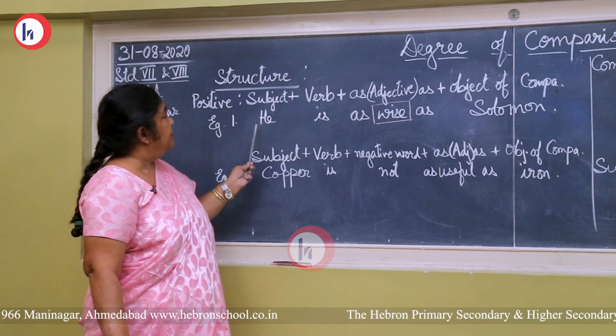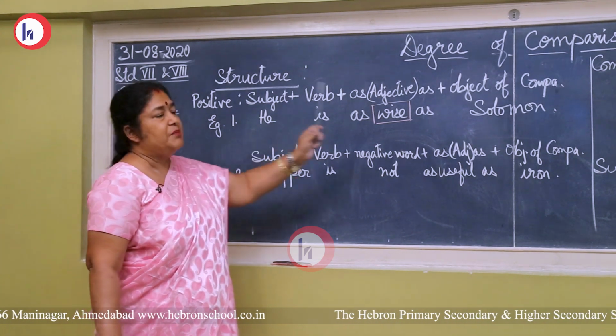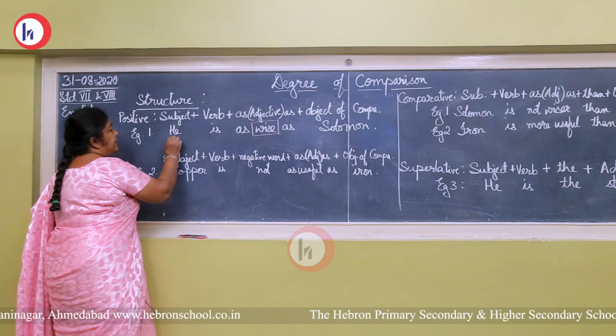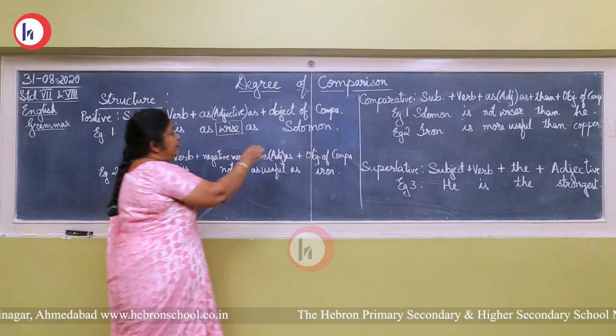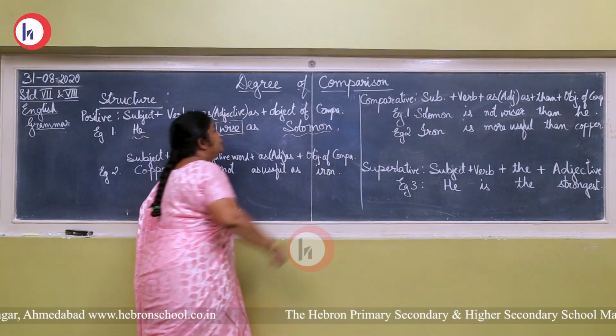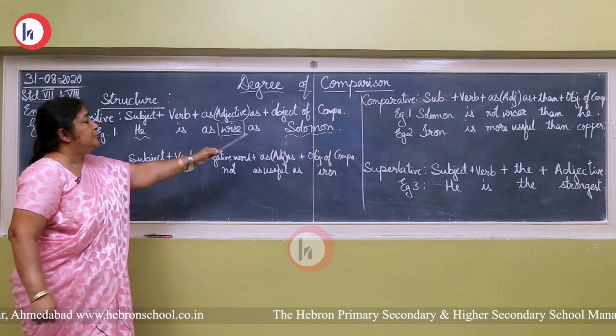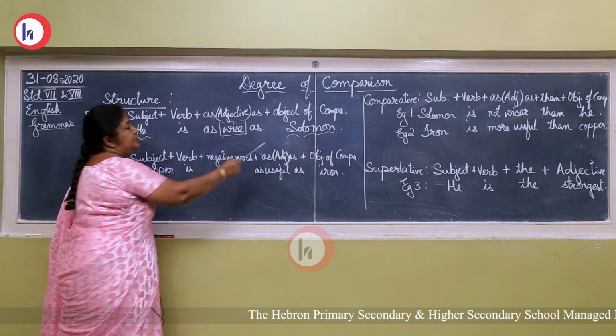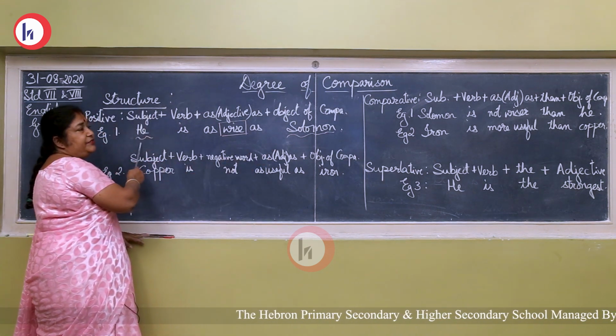Now when we write this positive degree into comparative, the rule is comparison. Here we are comparing subject he and Solomon. So he and Solomon are compared. When we write in comparative, the first thing is the position of Solomon and he will change.